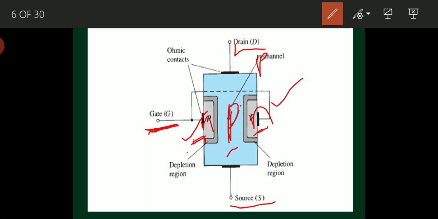So the holes will diffuse from the p-type layer to the n-type layer.